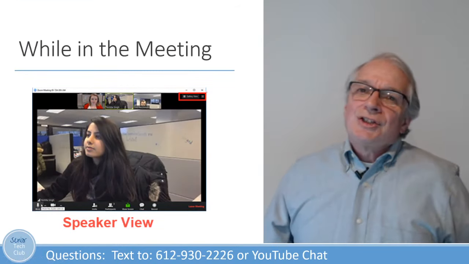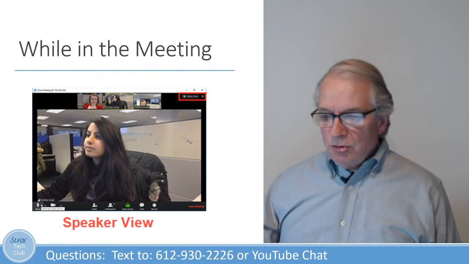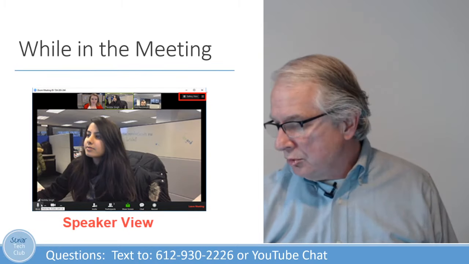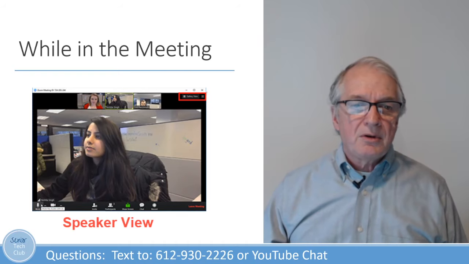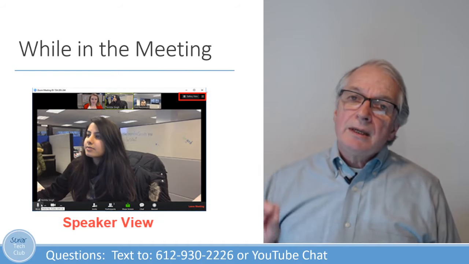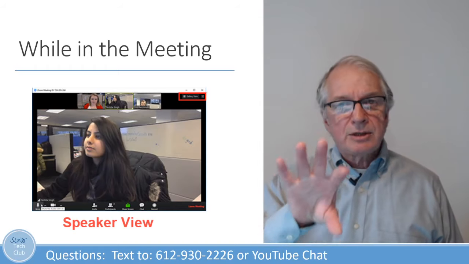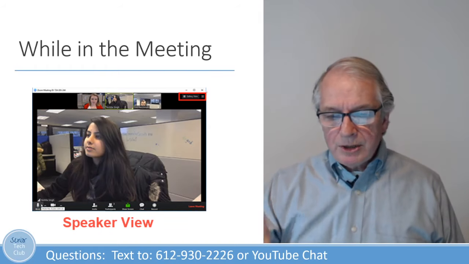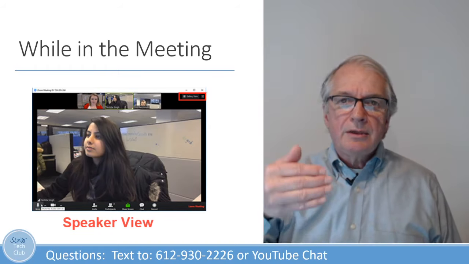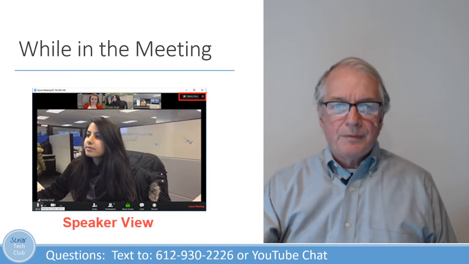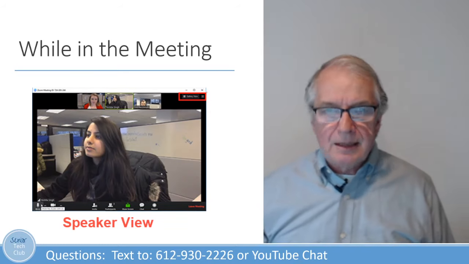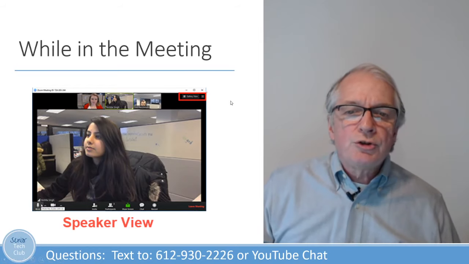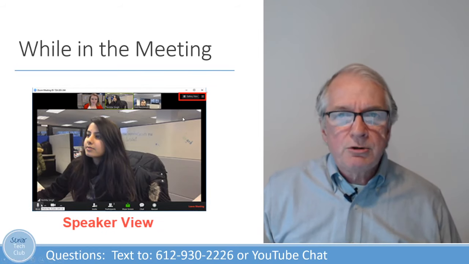Okay, so at that point, you are now dropped into the meeting, right? And first thing I want to talk about in this meeting screen is the view that you have. Now, what you're looking at on this slide is what is referred to as the speaker view.